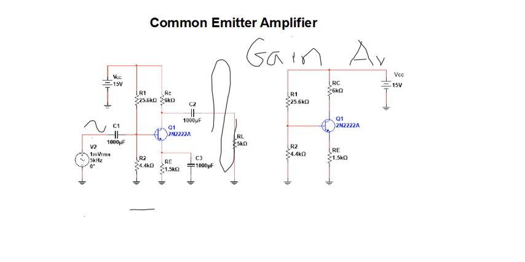So if I know what my input is, that should be a Vin instead of a V2 there. I want my output voltage out here, my AC output. We call that Vout. We want Vout to be that gain times the Vin. All right.